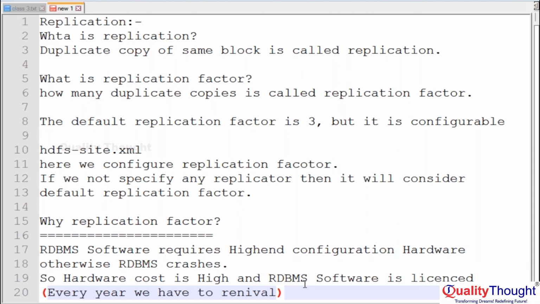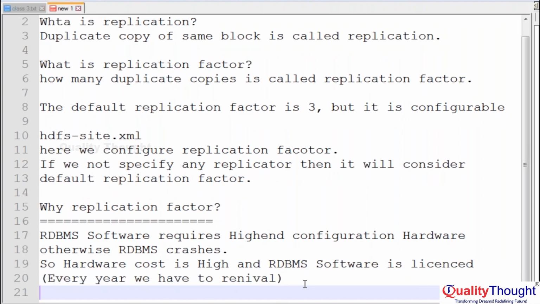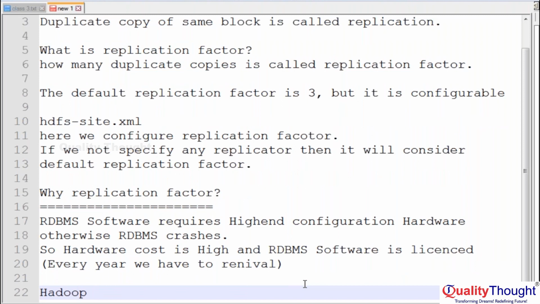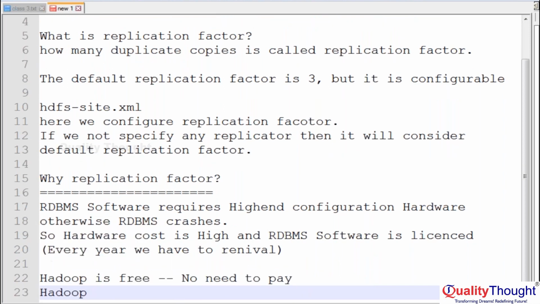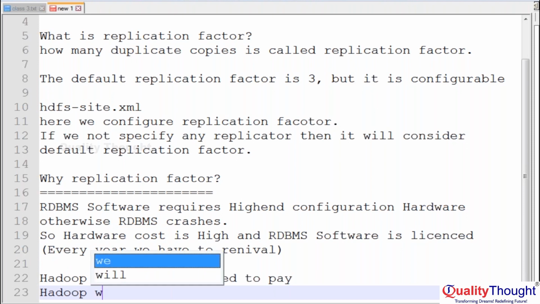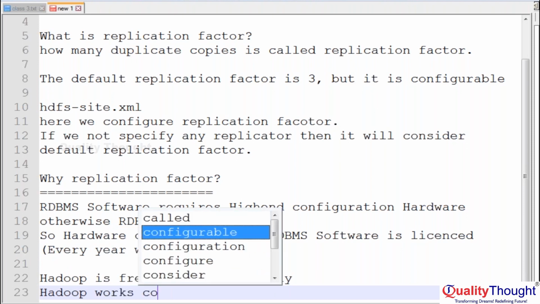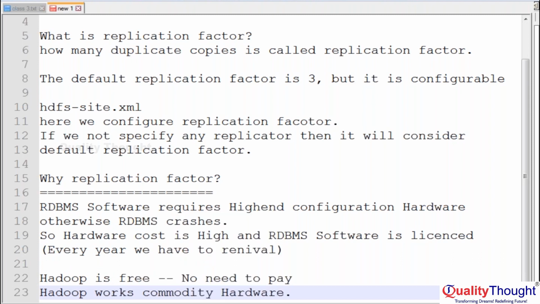Coming to Hadoop, first of all, Hadoop is free. No need to pay license cost. Second, Hadoop works on commodity hardware.